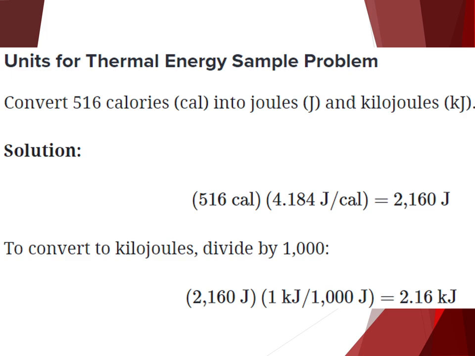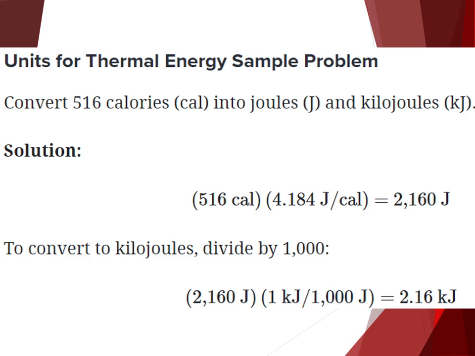And we would multiply that by an equality, a statement of equality in the form of a fraction. From the previous equalities that you've already written down in the previous slide, we know that 4.184 joules is equal to 1 calorie.